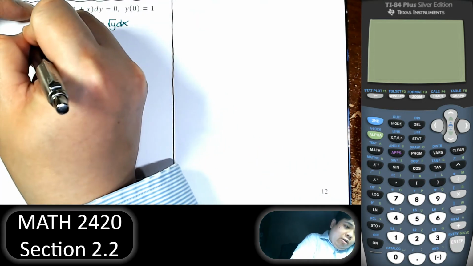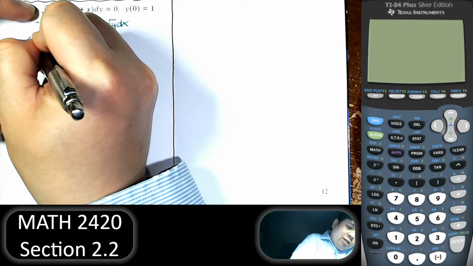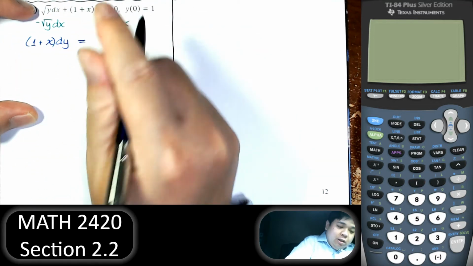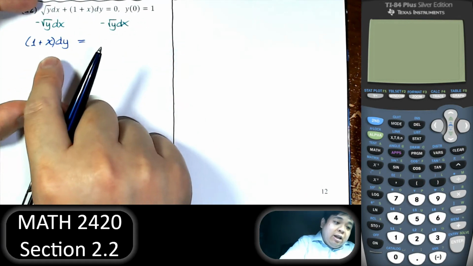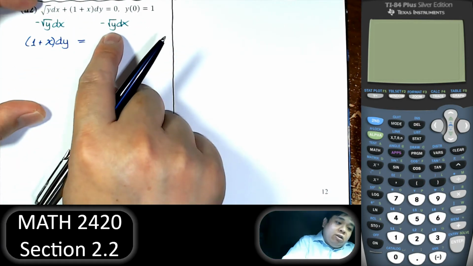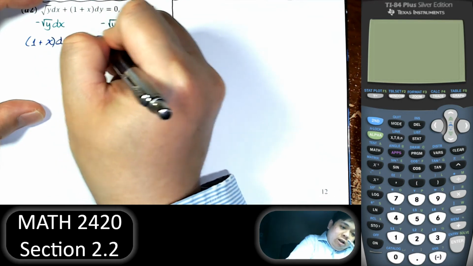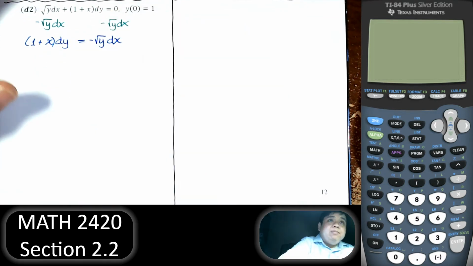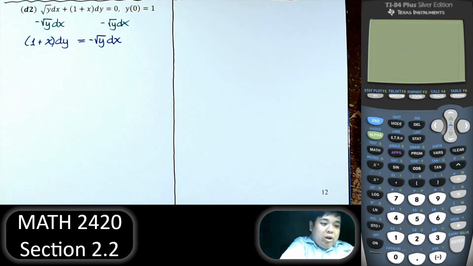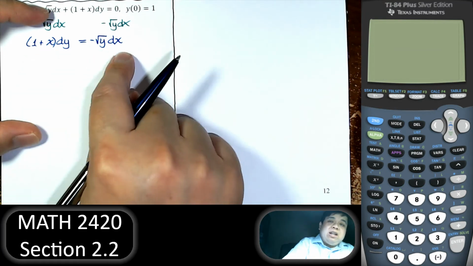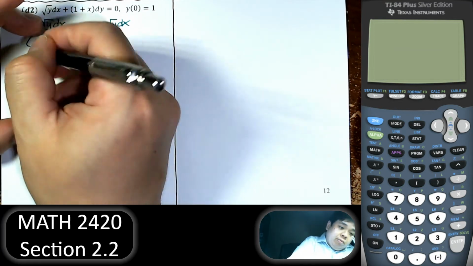So on the right hand side we have 1 plus x dy. So dy on the left hand side, and then on the right hand side we have negative y dx. Right. Now y with dy, x with dx. So this I have to move to the bottom, and 1 plus x has to move to the bottom as well.